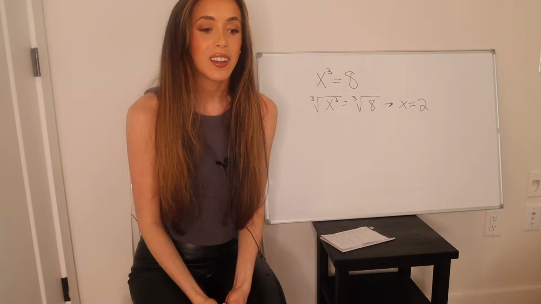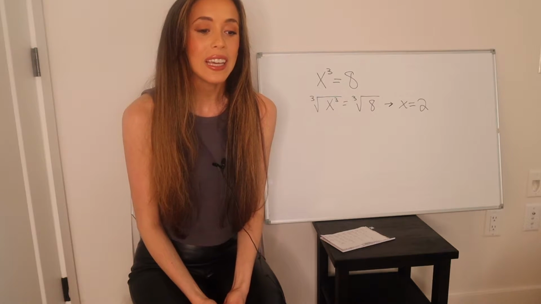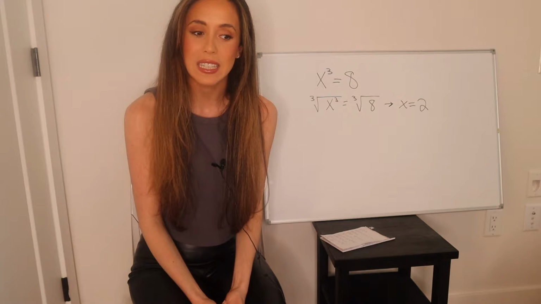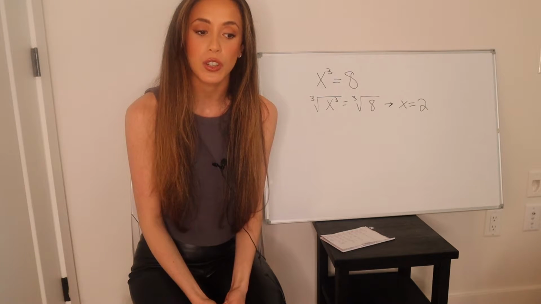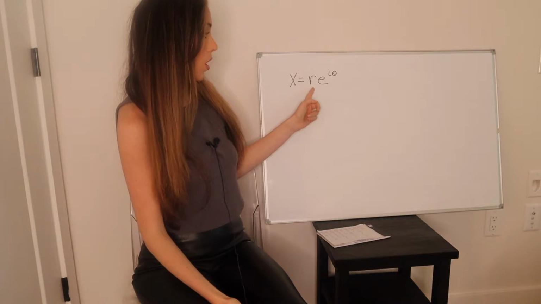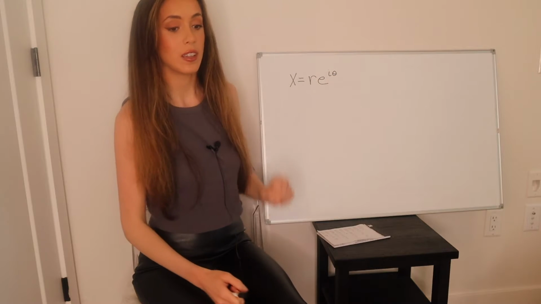They are complex, literally. We can actually rewrite x in polar coordinates and think of it as a circle centered at the origin. X equals r times e to the i theta.